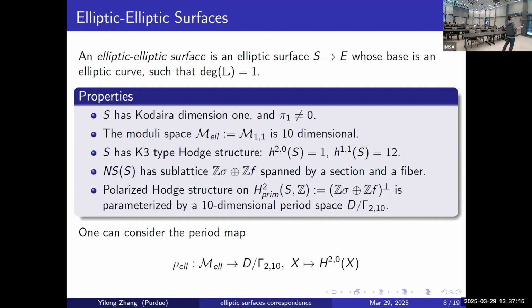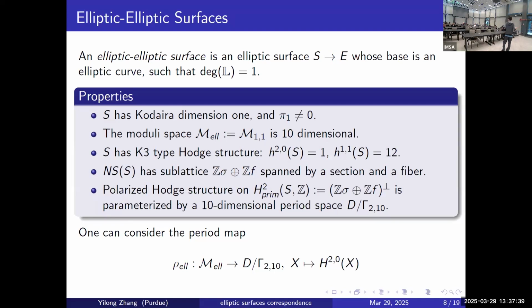So your period domain is very likely a K3-type period domain, and it's also 10-dimensional. And the period map is from this 10-dimensional moduli space to some 10-dimensional period space.